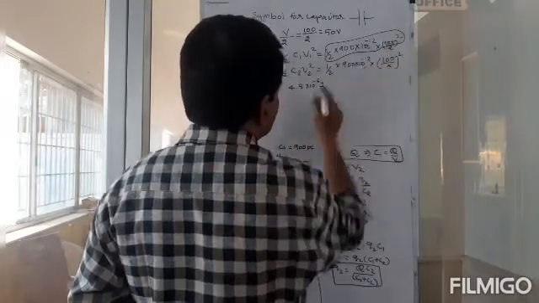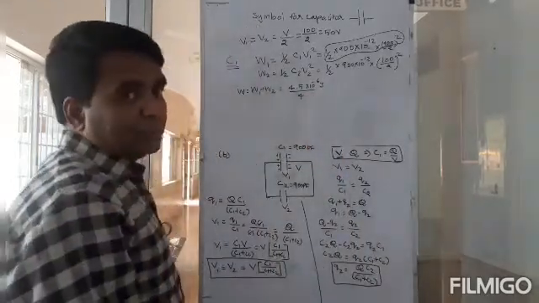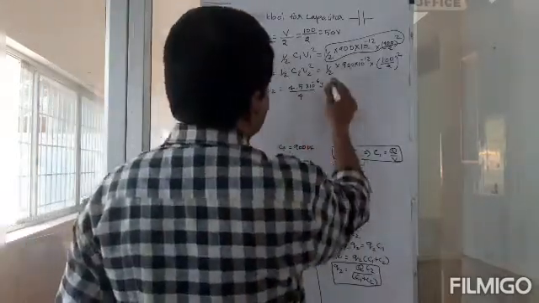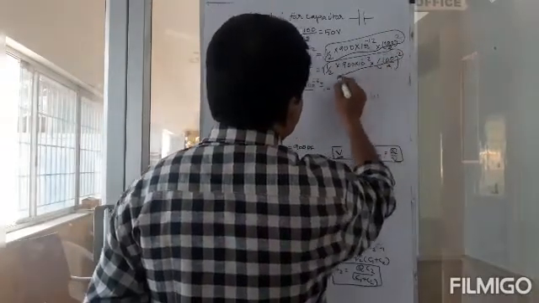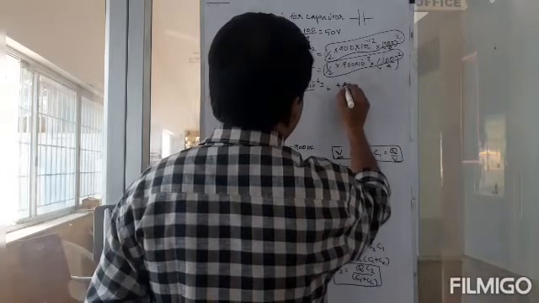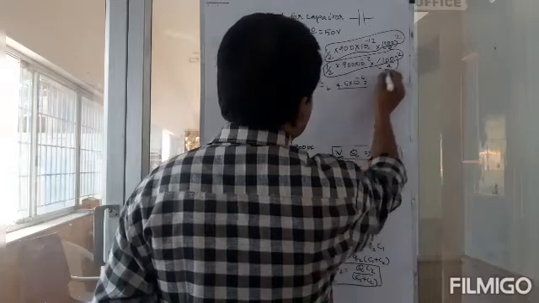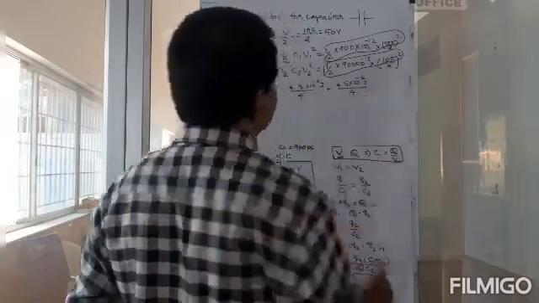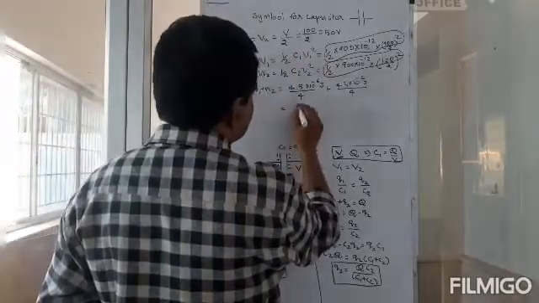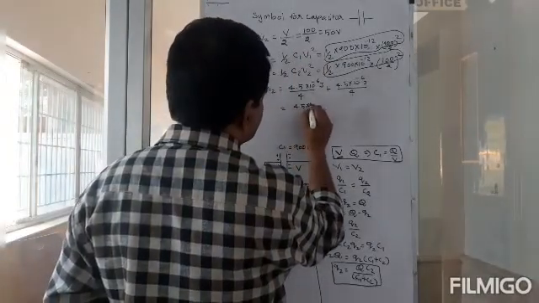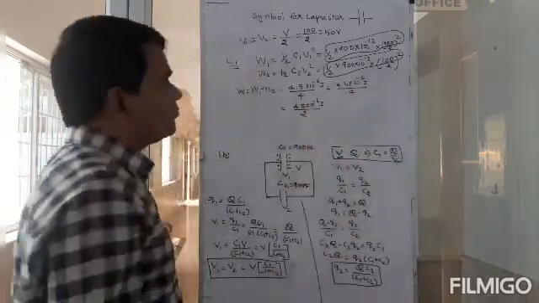Now 2 square will be 4, so 1/4 of it. What's the energy here? Same stuff, already done that, right? So this was equal to the same 4.5 into 10 power minus 6 joules divided by 2 square, 4. Okay? So when I add these two, what do you get here? I get 4.5 into 10 power minus 6 joules by 2 actually.